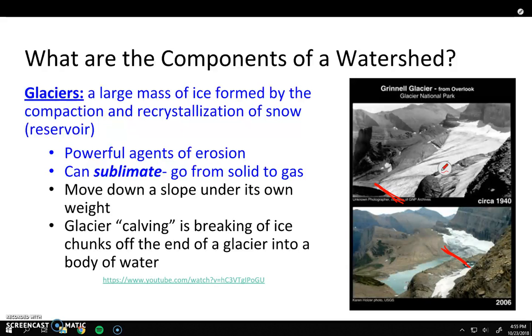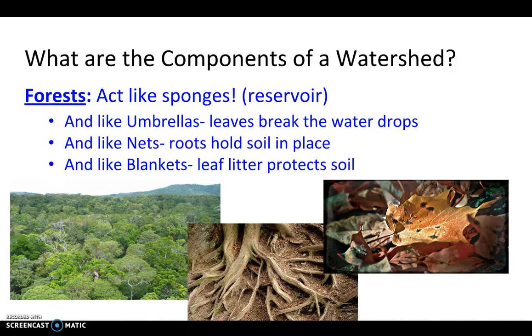So just over the course of 60 years, a glacier that had been there for hundreds of years melted very, very significantly. If you think about the scale of these mountains, especially. And so that's a result of our changing climate, and we'll get into that more in our next unit.